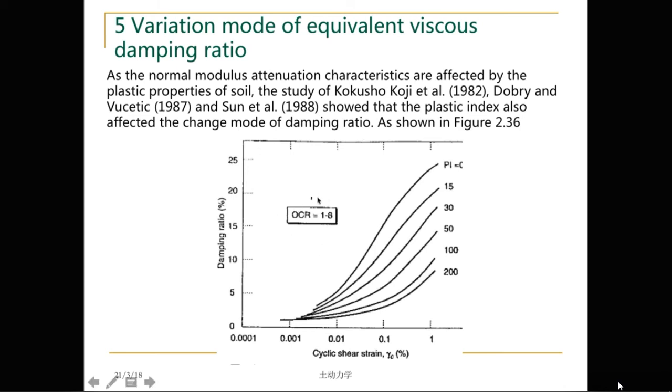This is for an over-consolidated clay, OCR from 1 to 8. Here they gave a group of curves with different PI from 0 to 200, where we can find that the PI will affect the change mode of damping ratio.